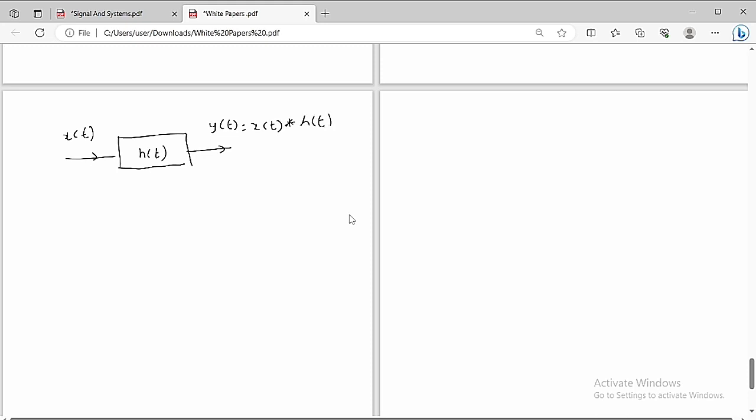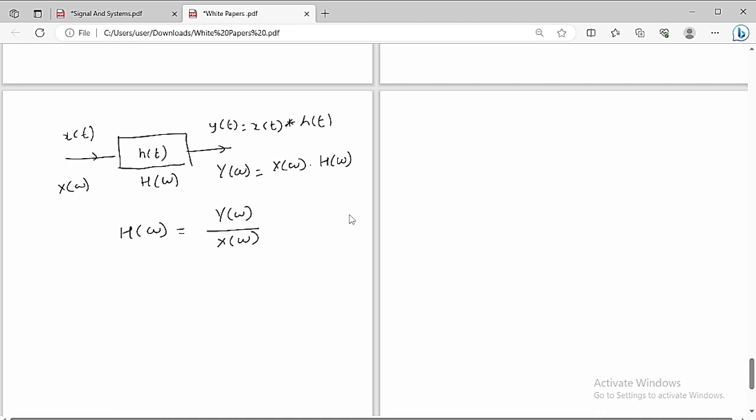Similarly, if you take the Fourier transform, this becomes X of omega, this becomes H of omega, and Y of omega is equal to X of omega into H of omega. And what is H of omega? H of omega is equal to Y of omega by X of omega.